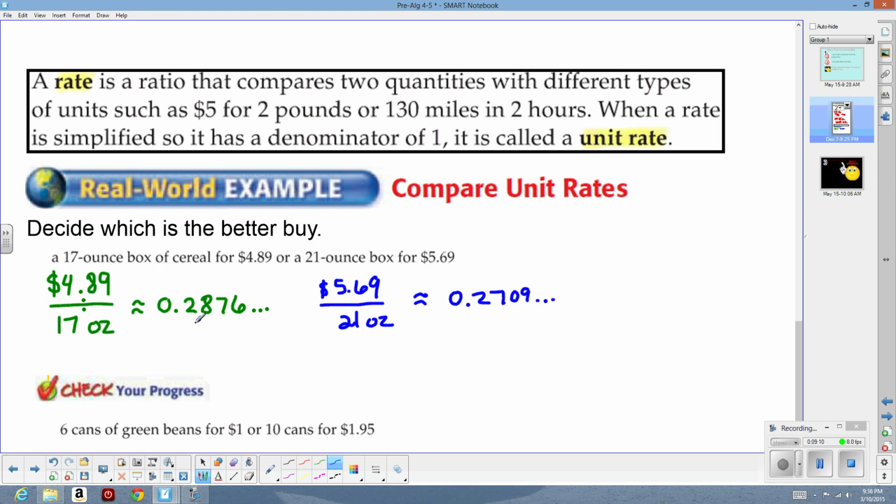Now if we're comparing it, this is about 29 cents an ounce. This is about 27 cents an ounce. So the better buy is the 21-ounce box for $5.69 because that one is the cheapest unit rate, or the cheapest price per ounce.